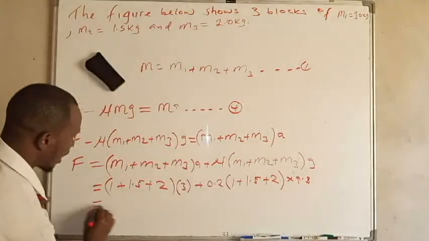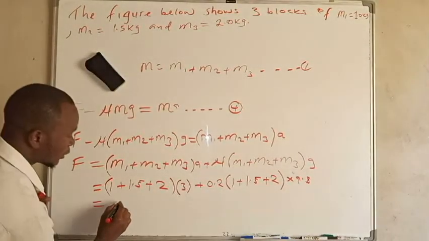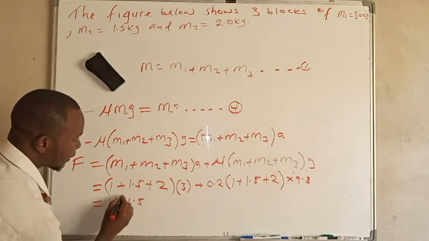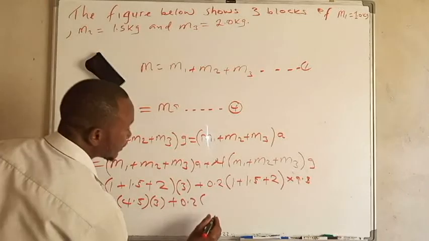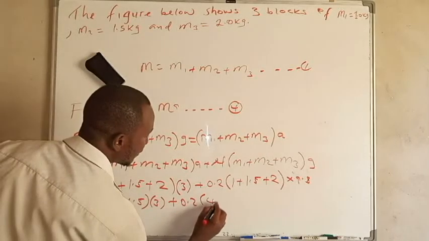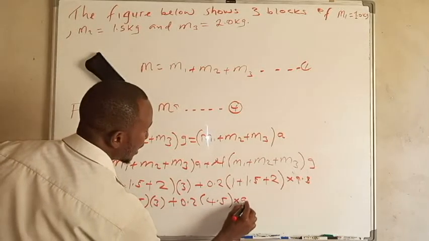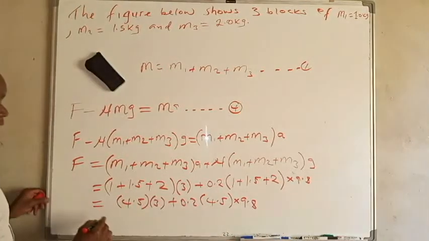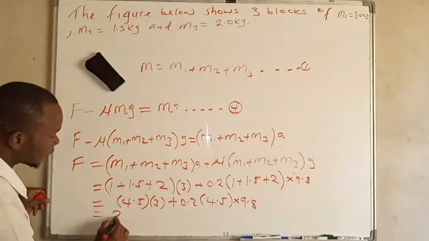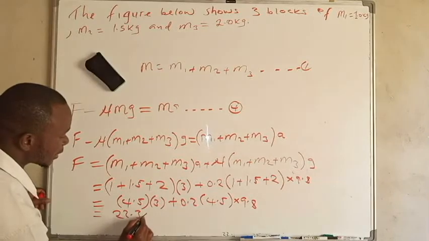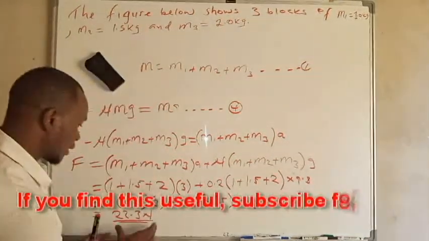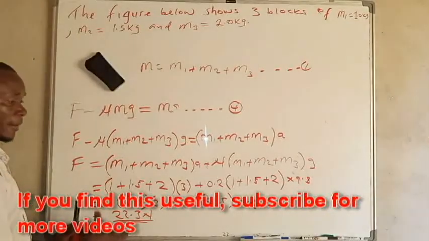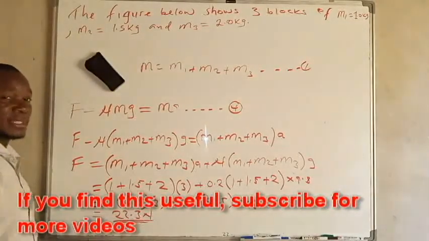So 1 plus 1.5 plus 2 gives us 4.5. That is 4.5 times 3 plus 0.2 times 4.5 times 9.8. Punching this on a calculator, we get 22.3 newtons. And this is the answer. This is the value of F that must give the blocks 3 meters per second squared. Thank you so much.